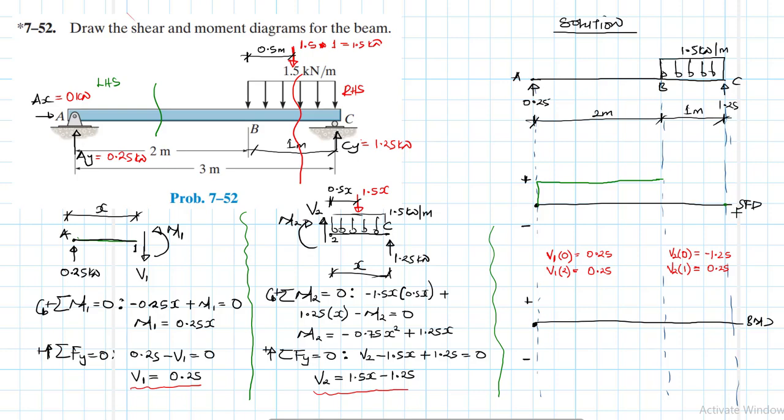Then we go to C. V2 of 0, that is at C, when x is equal to 0, we have a value of minus 1.25. And then V2 of 1, when x is equal to 1 from C to B, we have a value of 0.25, which meets this particular point here.